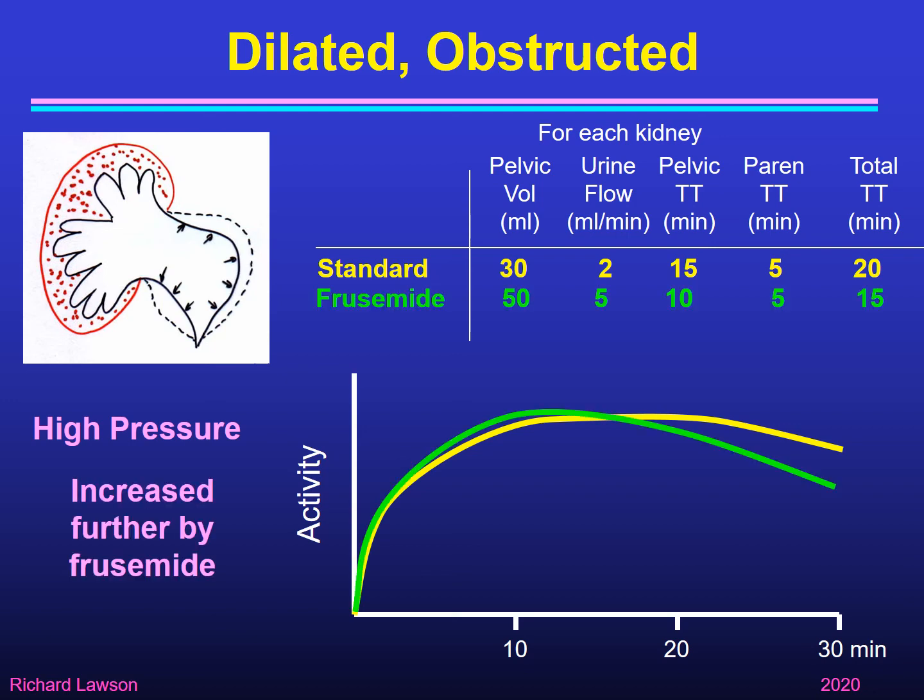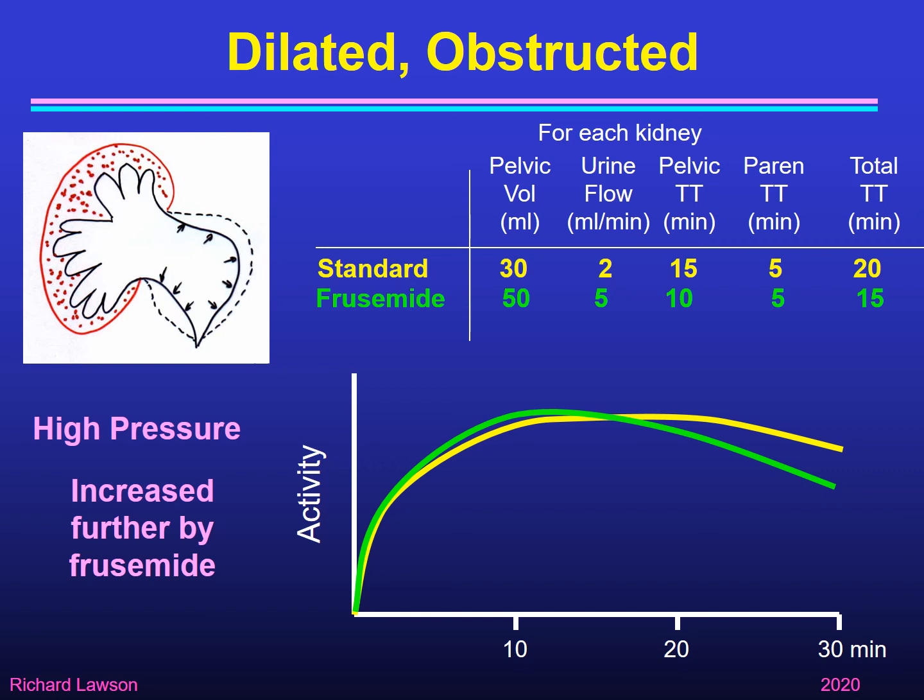But if we give Frusemide to this patient, let's suppose that it increases the volume somewhat, because if it's obstructed, the flow is going to be harder to increase, and it will increase the volume maybe from 30 to 50 mils. Now in the non-obstructed system, I let the flow rate go up to 10 mils a minute, but in this obstructed system, the high pressure is going to mean more water reabsorbed, and then we don't manage to increase the flow rate as much as that, so let's put it up to just say 5 mils a minute.